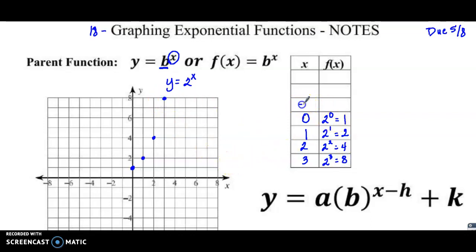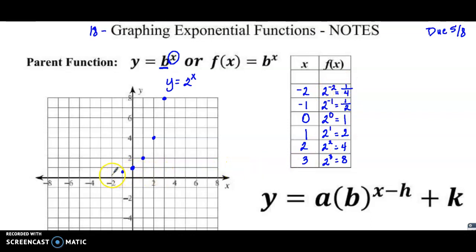If I were to go the other direction, let's refresh our memory of what happens when we have a negative exponent. 2 to the negative 1, the negative tells me to make it 1 over, and then 2 to the 1 is just 2. So that would be negative 1, 1/2. If I plugged in a negative 2, that would be 2 to the negative 2, which gives me 1 over 2 squared, which is 4.